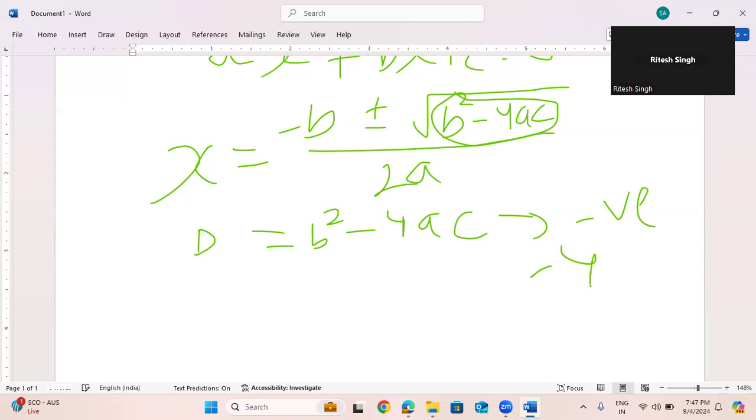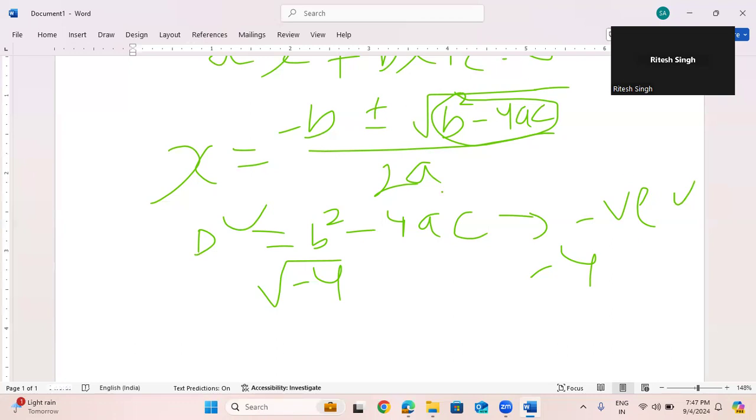Then what will we do? Do we know the value of root minus 4? We do not know. Till 10th class, we do not know how to find the value of root under minus 4. We only know that a square root of only positive numbers can be obtained. So till class 10th, whenever d is negative, we will not get the real root, or real values of x.